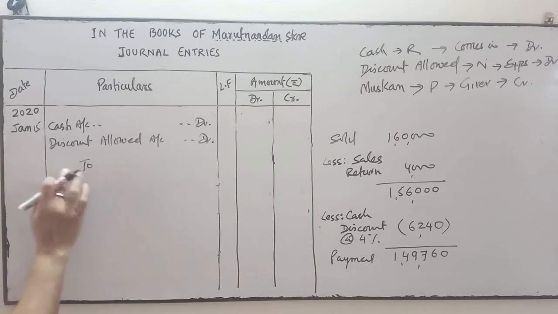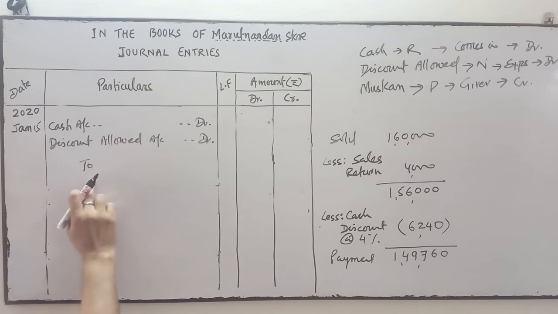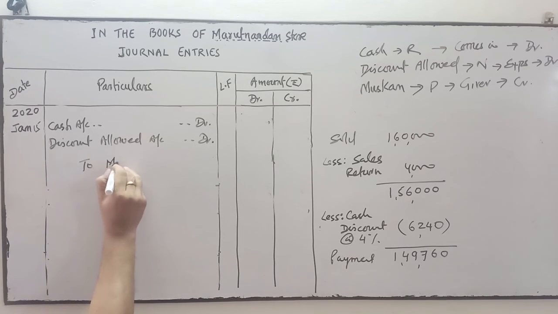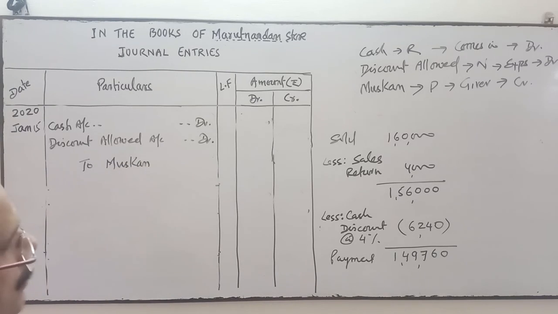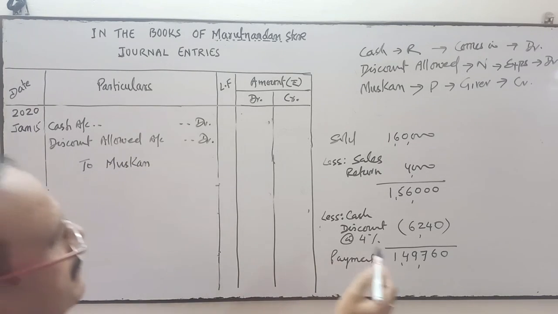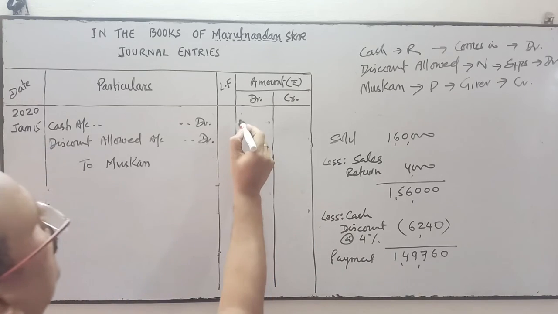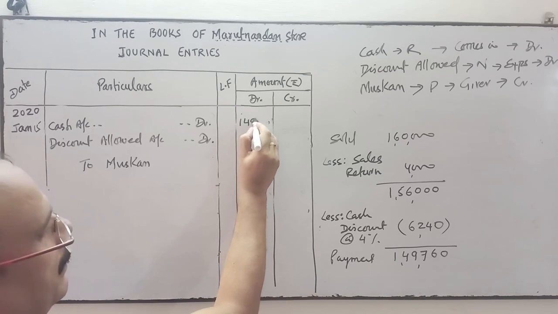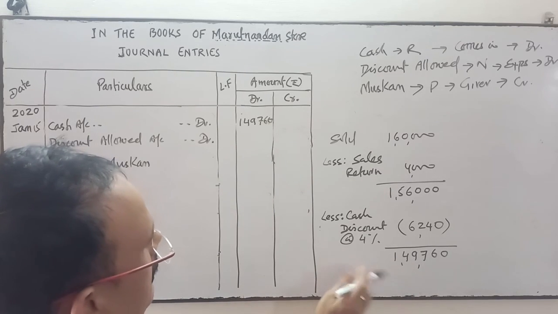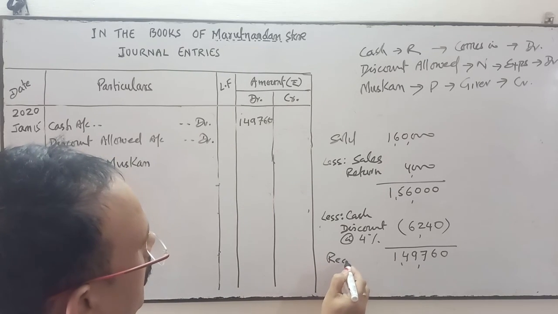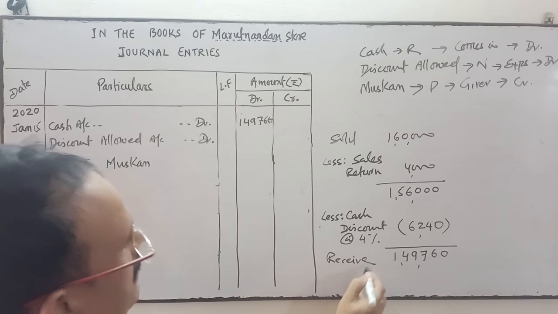We'll leave a gap to write the credit, starting with 'To'. The amount of cash we will receive is 1,49,760.